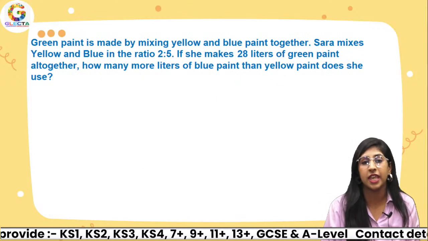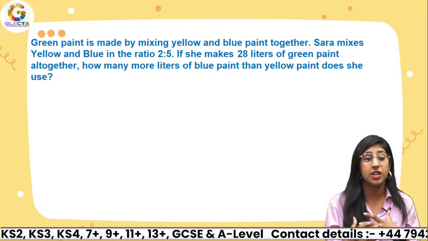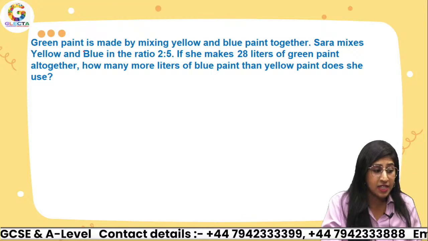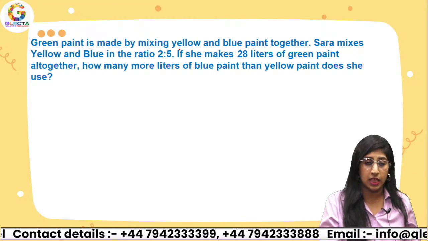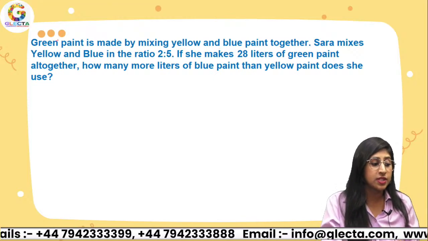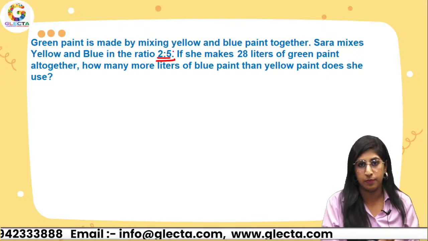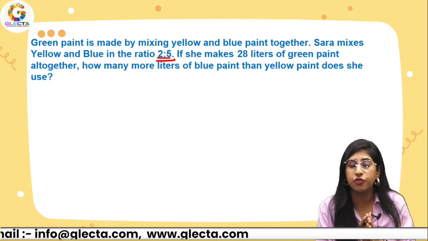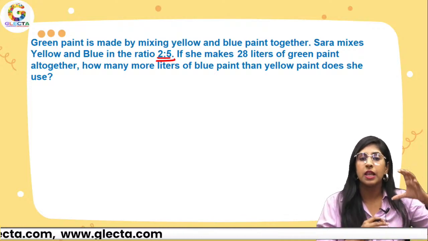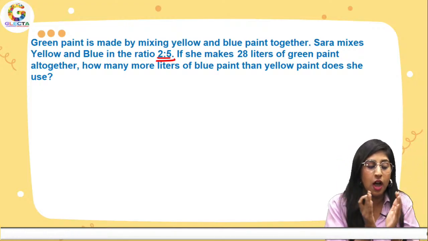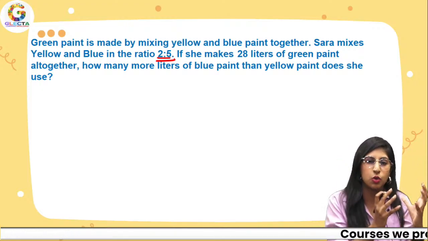Proceeding to the second question. Now this is a question which is related to ratios. Green paint is made by mixing yellow and blue paint together, and Sarah mixes yellow and blue paint in the ratio 2:5. Now by ratio 2:5, what do we mean by that? Whatever the fractions that we are taking, they are combining together like 2 plus 5.